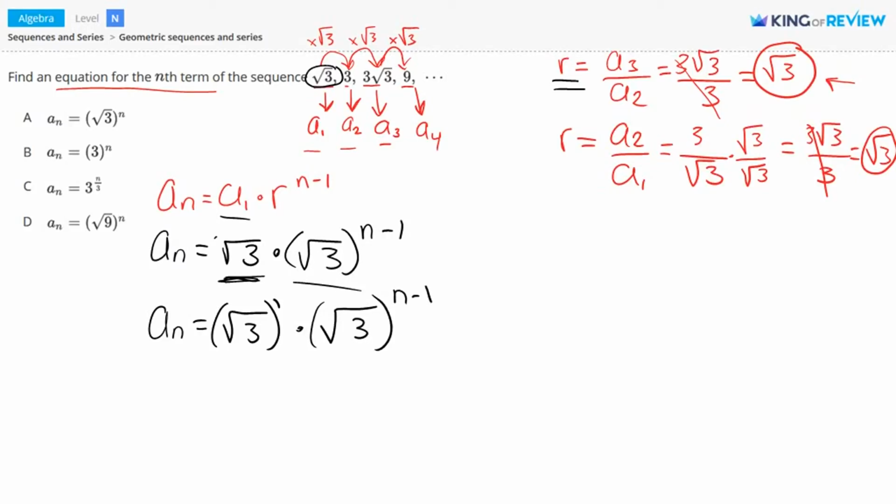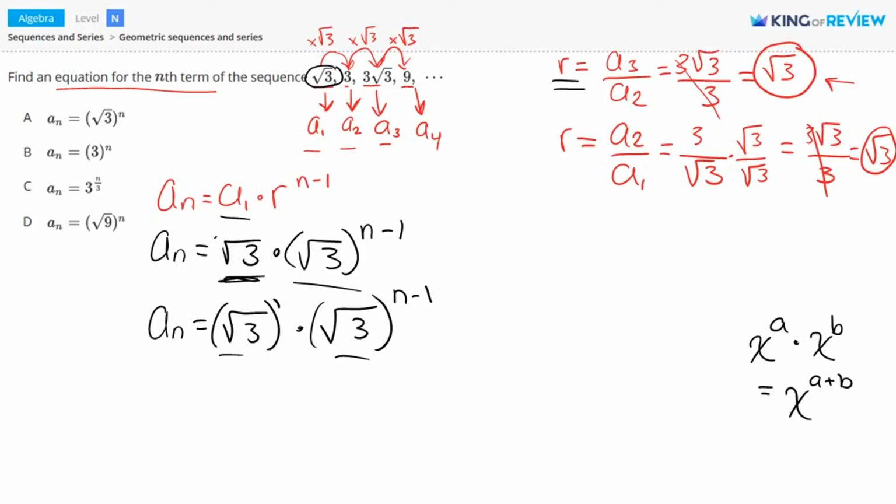You see that we're multiplying two numbers that have the same base. Remember the rule that if you're multiplying two numbers that have the same base, so x to the a power times x to the b power, this is going to equal x to the a plus b power. So when you have bases that are equal, then you can add their exponents.